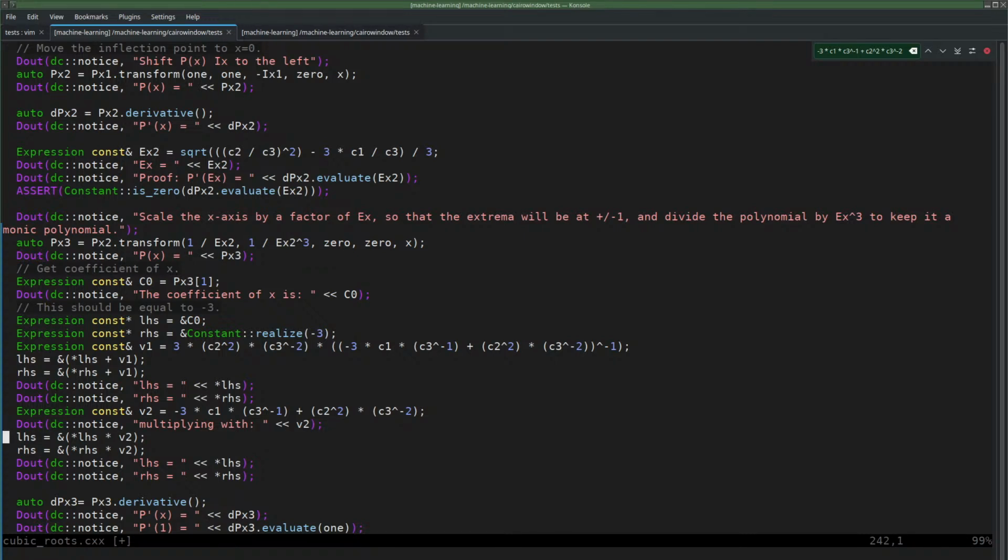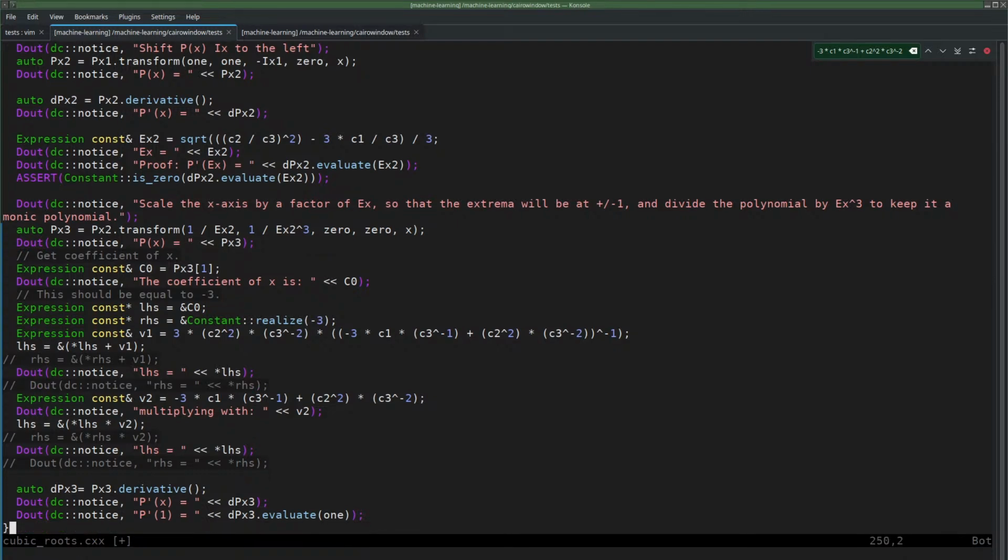And then we print it again. Left hand side is left hand side times V2. And I print left hand side. I forget about the right hand side. I just want... and forget about this.